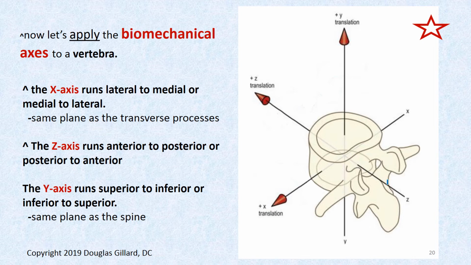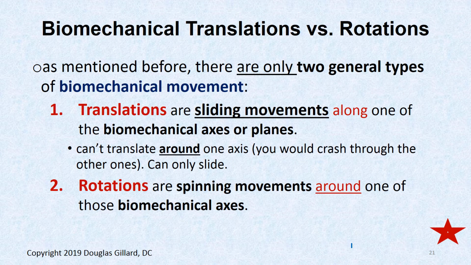A minus z means the translation of the bone is heading toward the back. If you distract upward, that's a plus y translation. If you compress downward, that's a negative y translation. I'm not going to test you on that, but I just wanted you to be familiar with it. Maybe some of you are really going into this stuff.